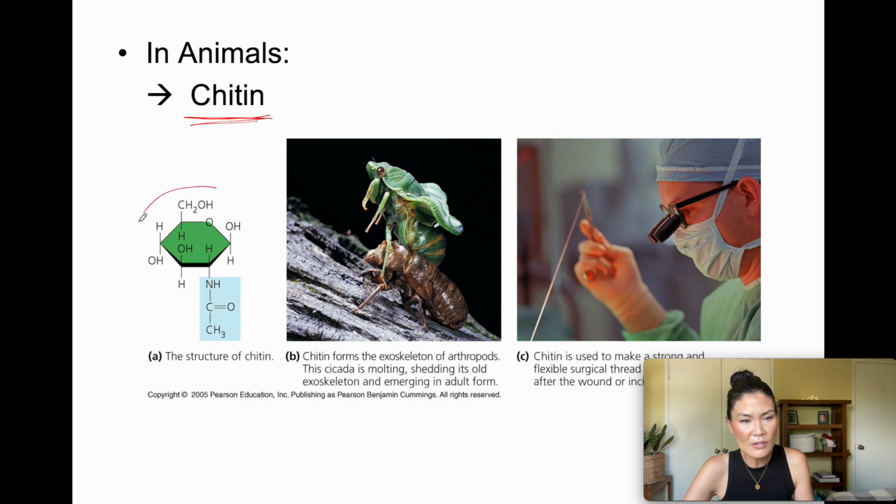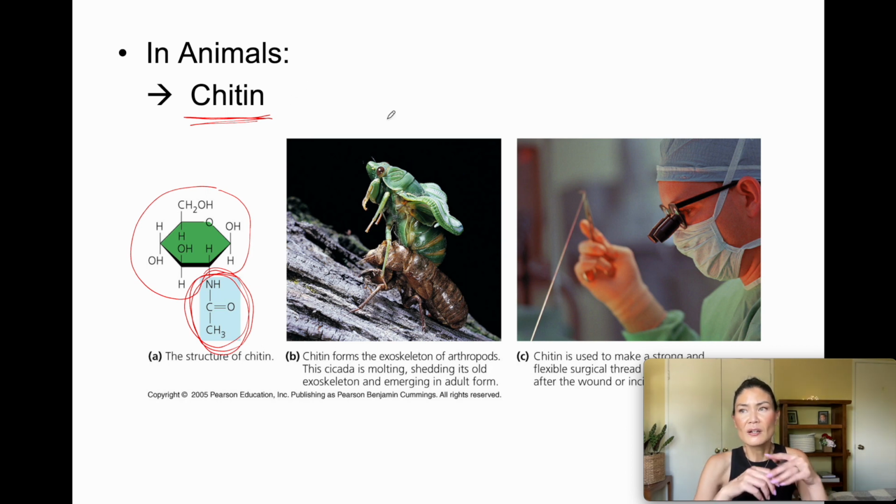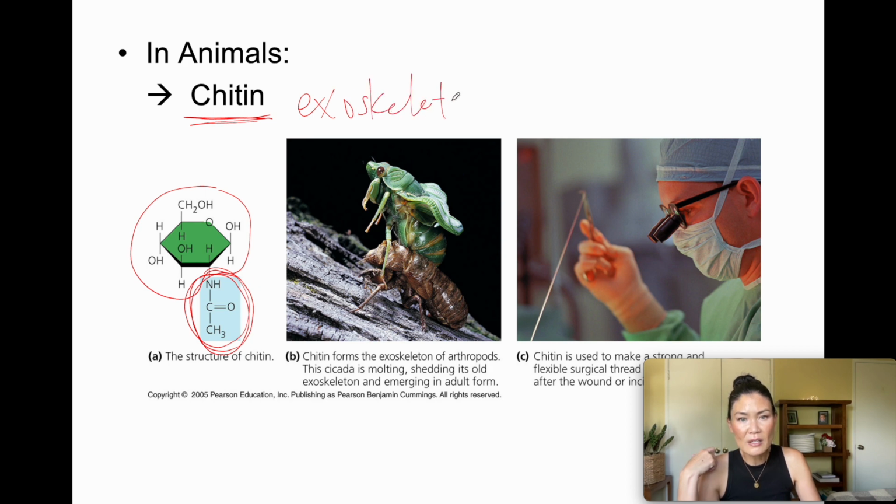You can see that it looks sort of like glucose, but there's an addition of a group of molecules, okay? And chitin is the structural skeleton. It's the exoskeleton of arthropods, and arthropods including insects, crabs, lobsters, okay?